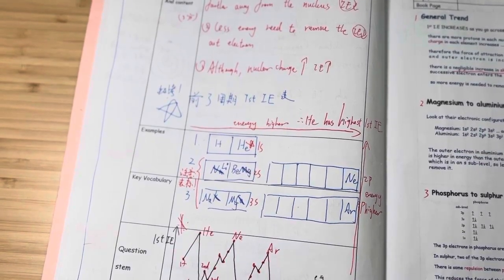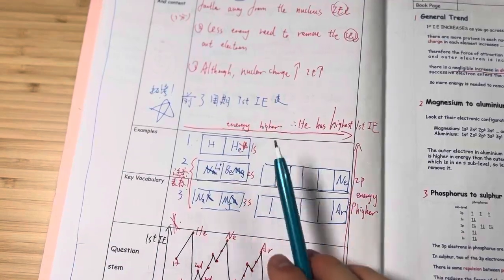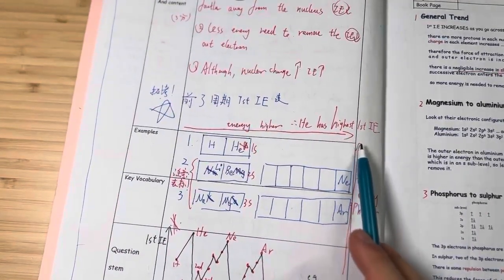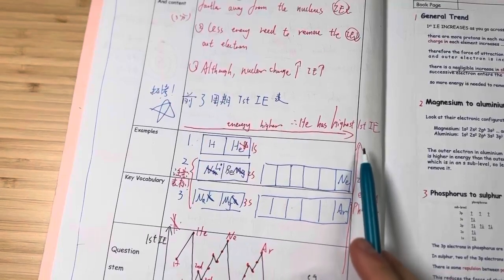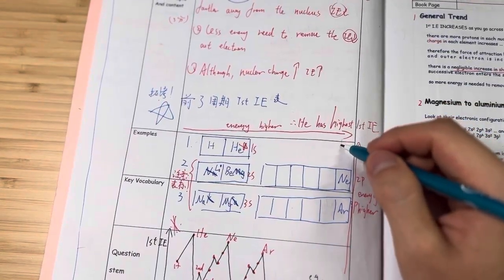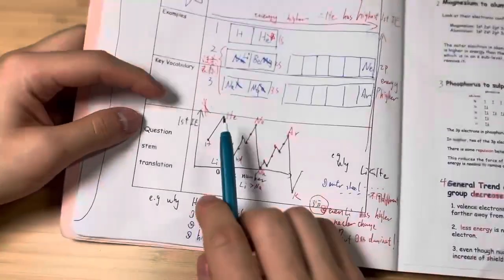First, as the period number increases, or as the group number increases, the ionization energy is highest for helium, because in the periodic table here is the helium. Why?